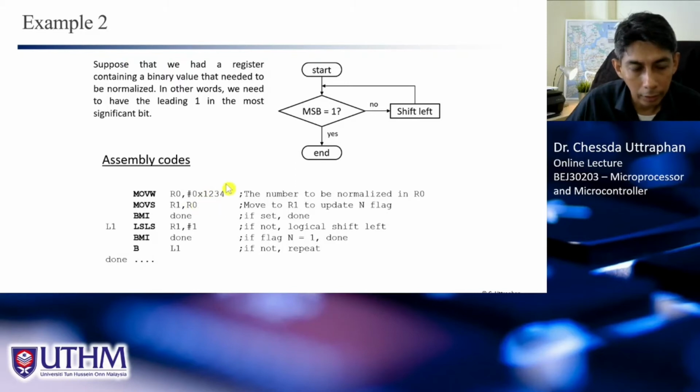So the best way is to have the flowchart like this. We check MSB equal to 1 or not. If yes, done already. But if MSB is not equal to 1, so we shift left, check, not yet, go back, shift, check until MSB equal to 1 and we end. So in the program, we can do just like this.